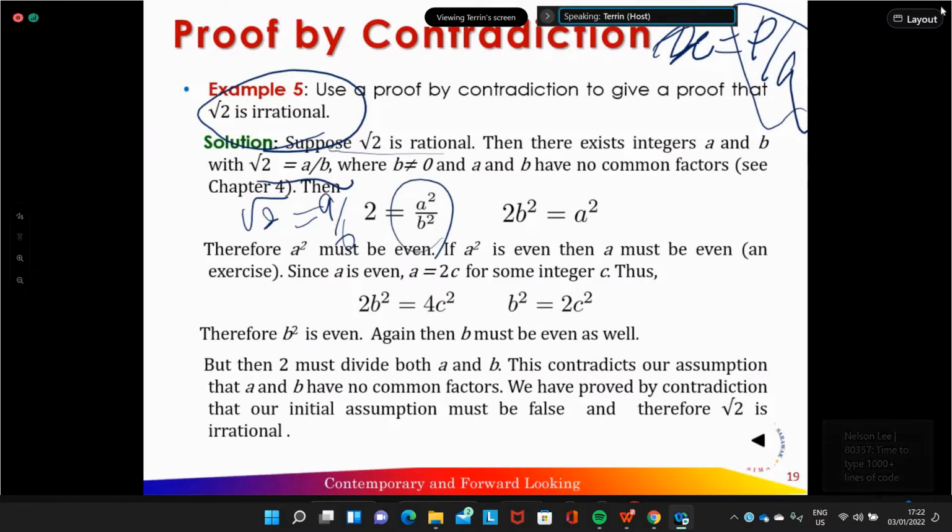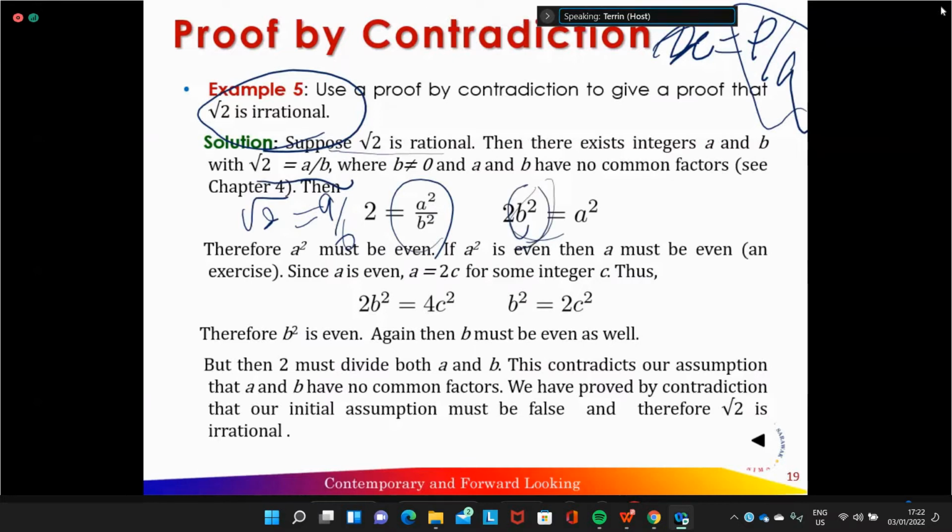A squared is in the form of 2k. So if a squared is even, then a must be even, because an even number squared will always give an even number, and conversely, an even squared number will always give you an original number that is even. So if a is even, then you can say that a equals 2c.